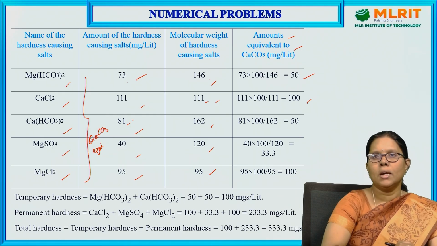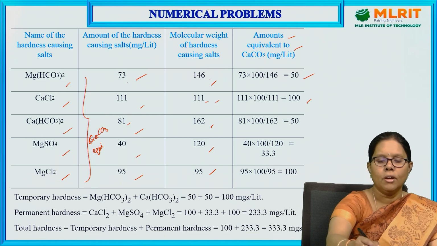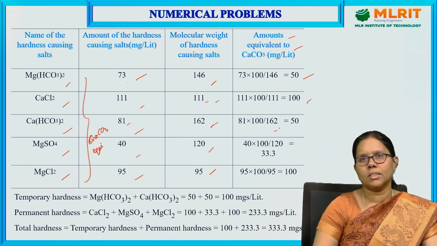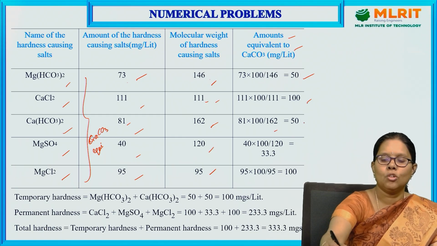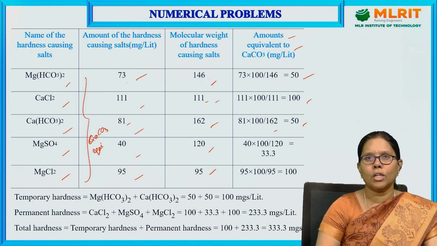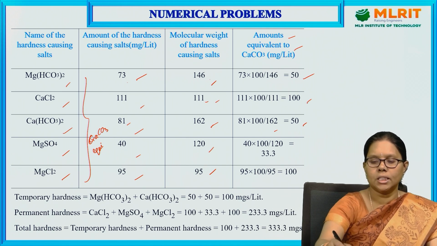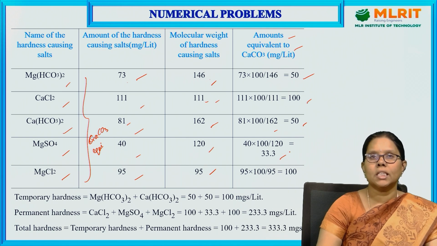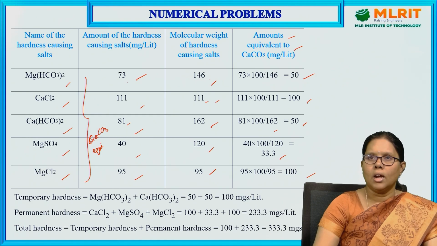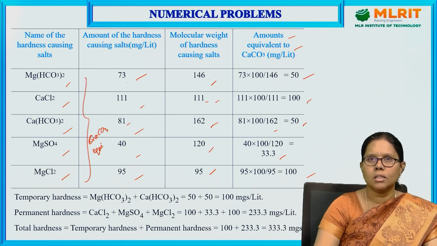For calcium bicarbonate, 81 by 162 into 100 gives 50. Similarly, 40 divided by 120 into 100 gives 33.3, and 95 divided by 95 into 100 gives 100. So all these salts are converted in terms of CaCO3 equivalent.